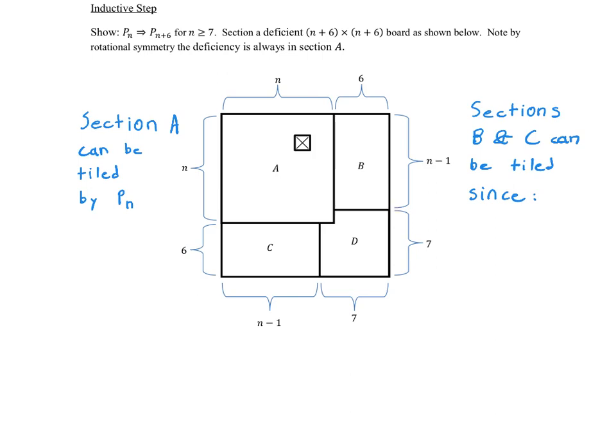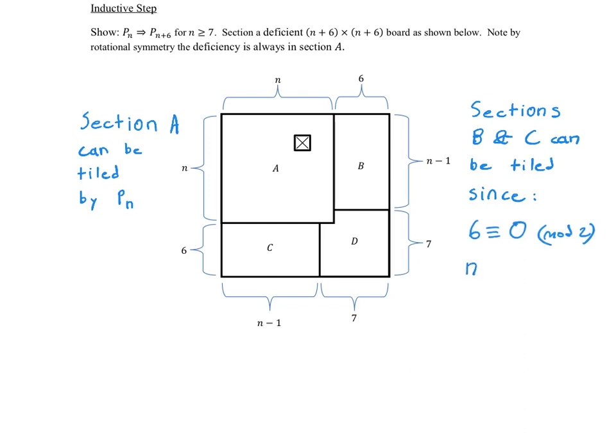So n, as we know in this particular problem, is congruent to 1 in mod 3. So we'll leave that dimension to talk about mod 3, and the 6 will help us out with the mod 2 part. So 6 is indeed congruent to 0 in mod 2. So there's our multiple of 2.